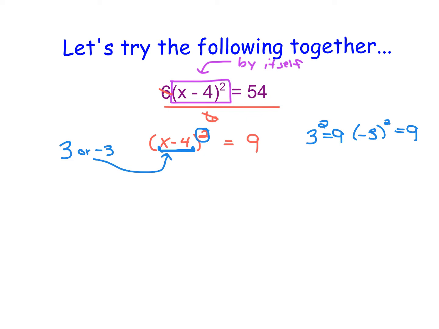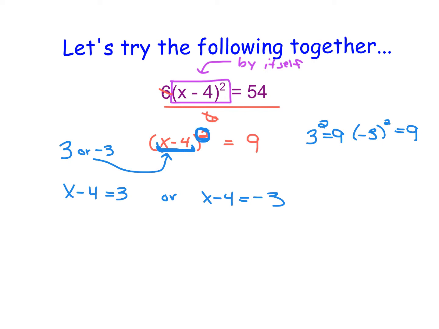So this x minus 4 on the inside, if it equaled 3, it would then become 3 squared and it would equal 9. Or if the x minus 4 part equaled a negative 3, it would be a negative 3 squared, which is equal to 9 as well.